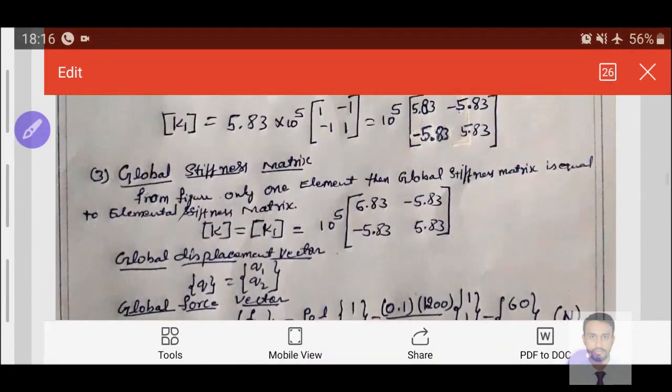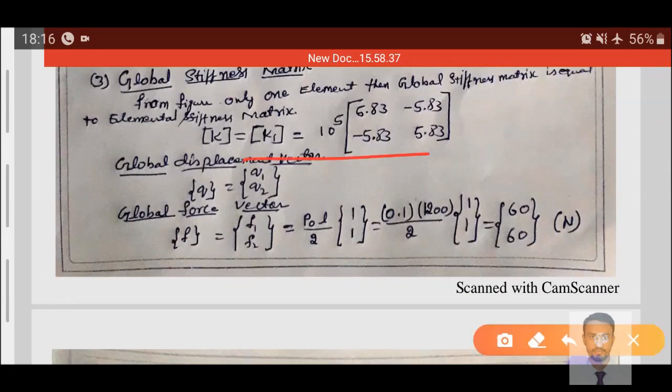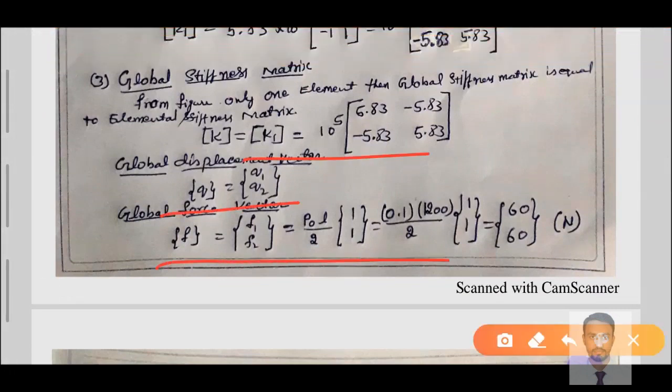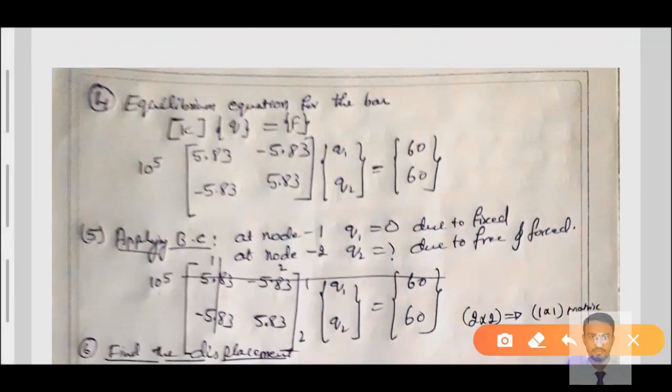Now, after getting all the characteristics of a bar element, the stiffness matrix, global displacement vector and force vector, bring all these three values together in terms of the equilibrium condition, that is, the equilibrium equation for a bar element.